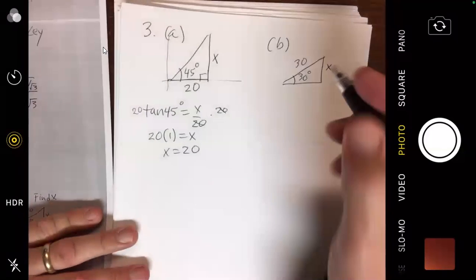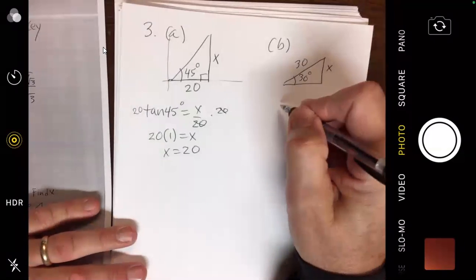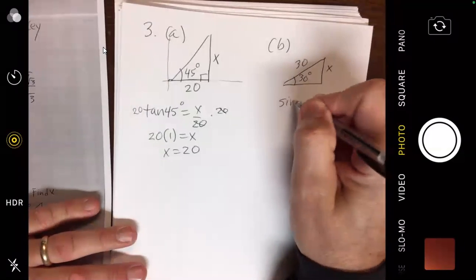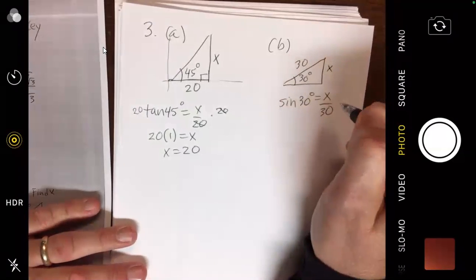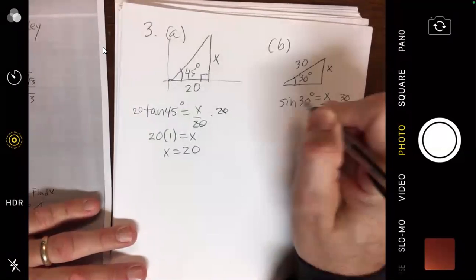All right, at 30 degrees, this would be a sine. Sine 30 is X over 30. Multiply both sides by 30.